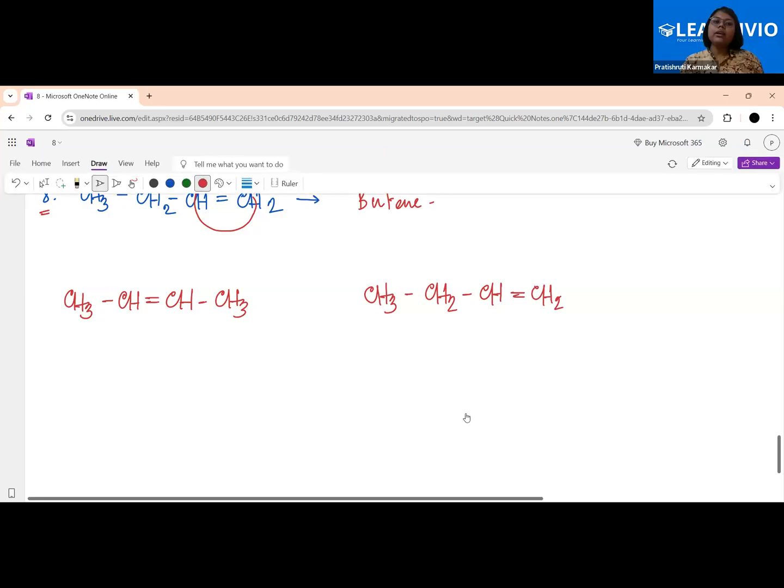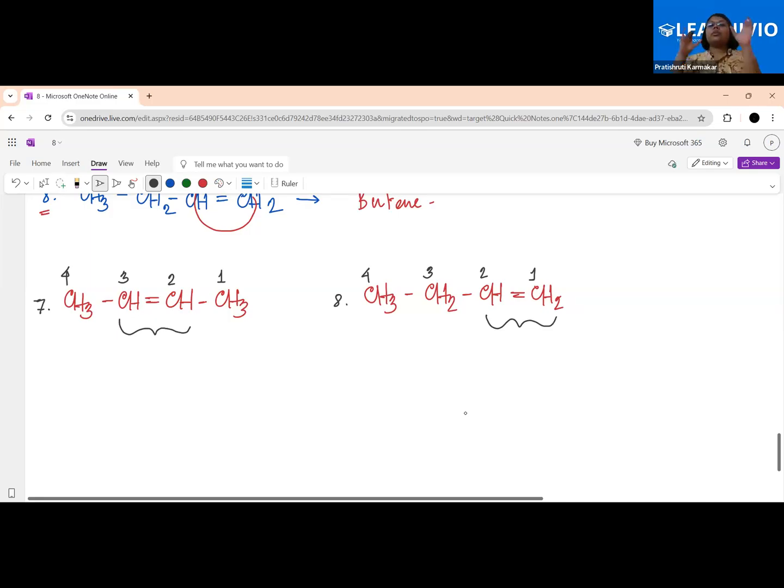What we did, we numbered the carbons 1, 2, 3, 4. Similarly, we numbered it here too, 1, 2, 3, 4. This is the seventh one, this is the eighth one. In the seventh one, the double bond is between 2 and 3. And in the eighth one, the double bond is between 1 and 2. Correct?